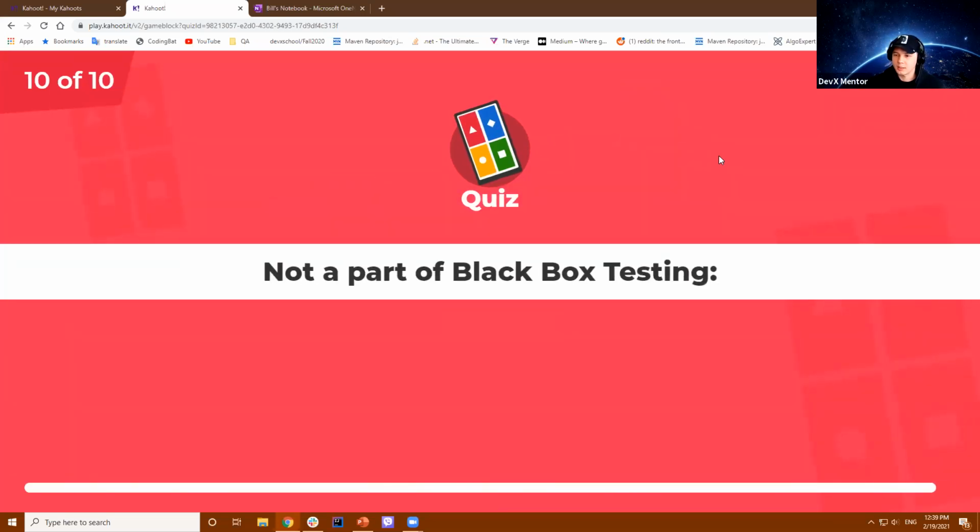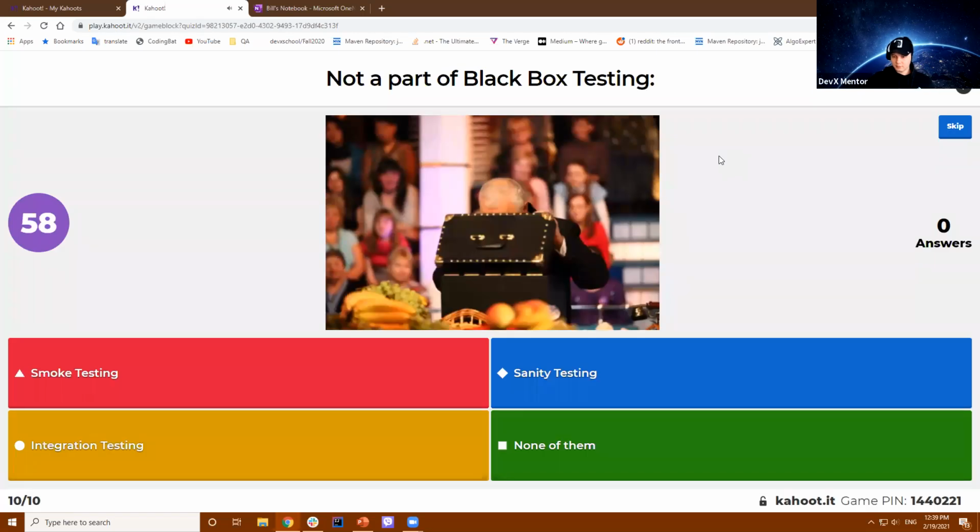What is not part of black box testing? I didn't mention it, but try to guess.